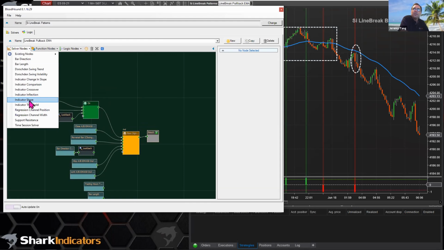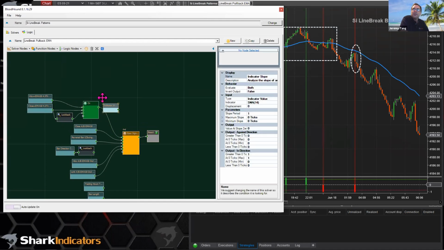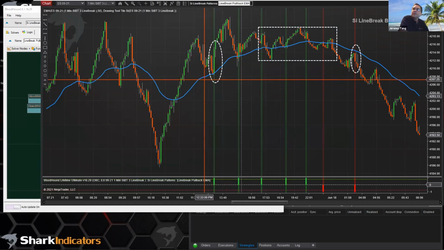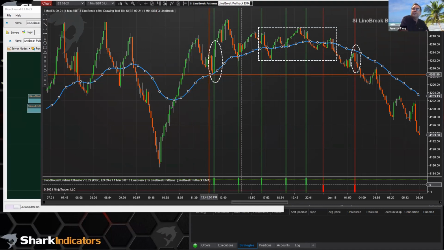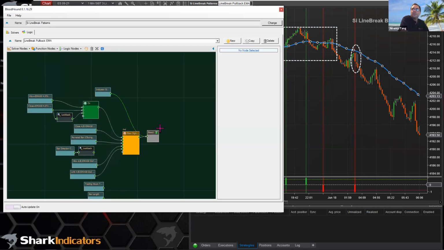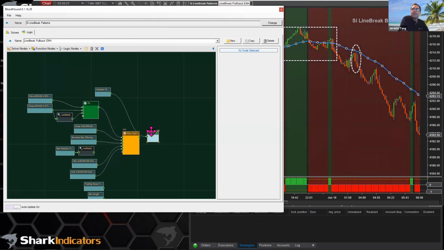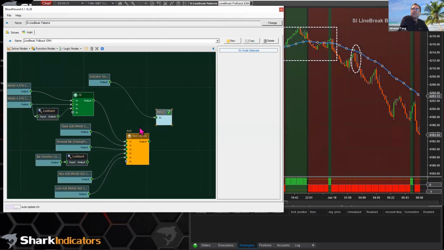All of these nodes in blue, we call them solvers because that's what they're trying to do: solve a condition for you. One of the conditions we're trying to solve is, does my moving average have a steep enough slope that I should be trading this? Identifying the steepness of that slope is what we're trying to solve for. So if I connect this in, let me zoom in here a little bit.